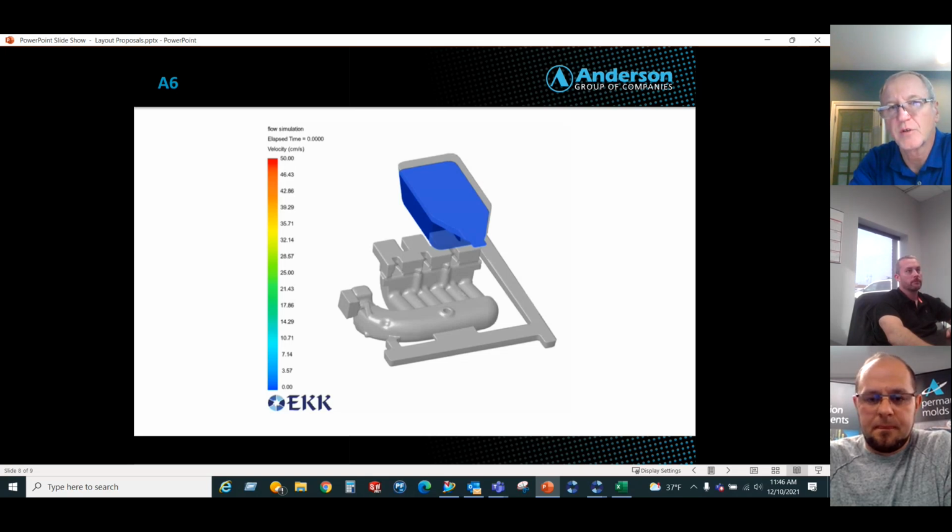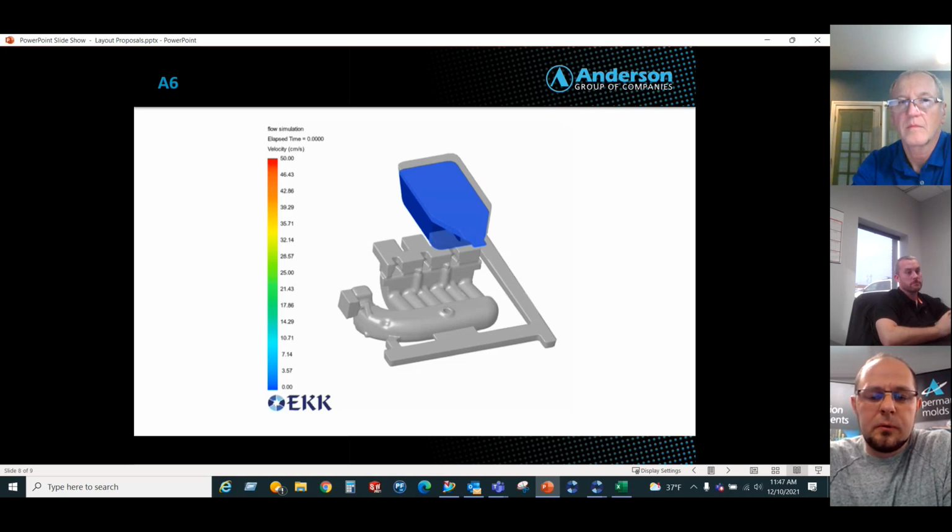Now this is a tilt pour process that we're looking at here, I think. Presumably we can also model other types of processes, right? Yes, we can model pretty much most of the casting processes, tilt pour, static pour, sand, green sand, printed core packages, reverse tilt, low pressure.